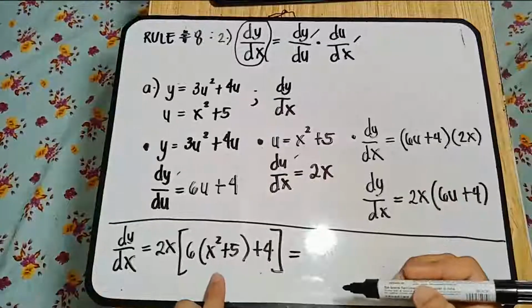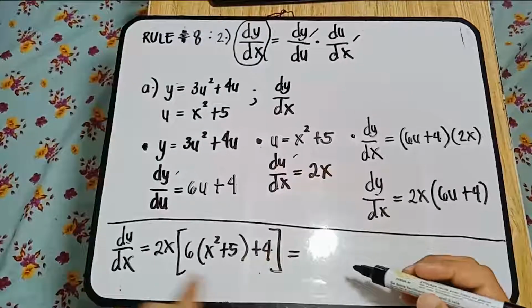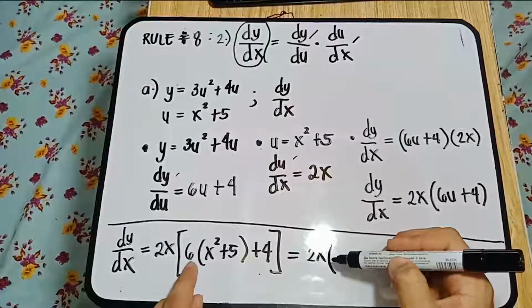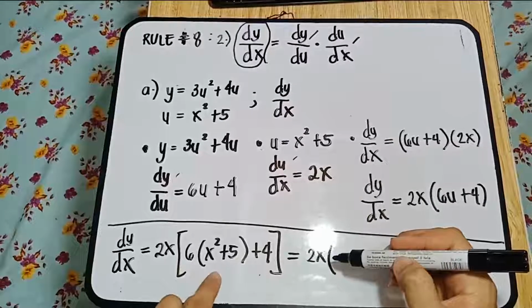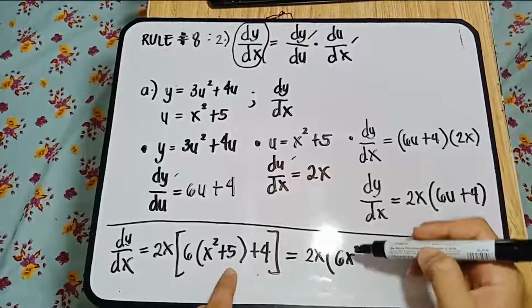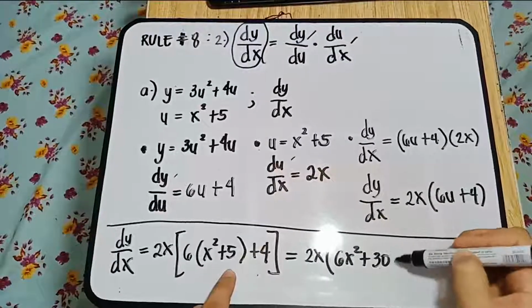So, distribute ko lang yon. So, we have 2x multiplied by 6x, ay 6 multiplied by x squared, that is 6x squared. And 6 multiplied by 5, that is 30, plus 4.